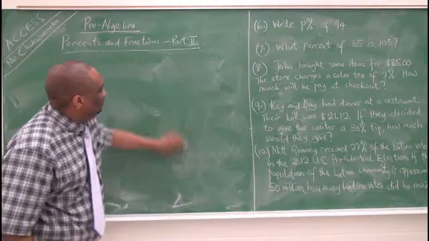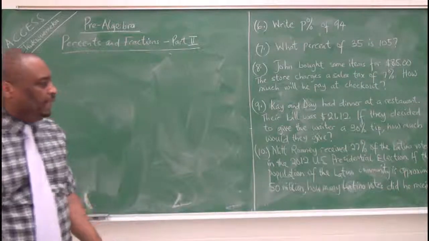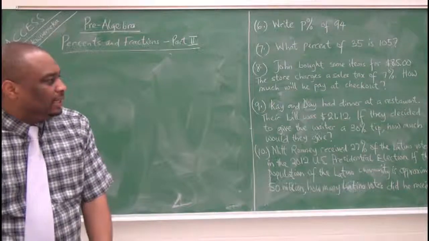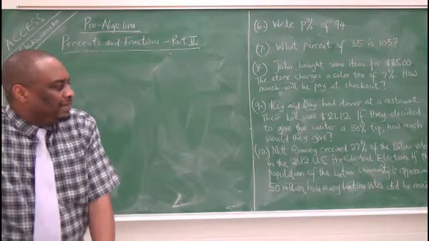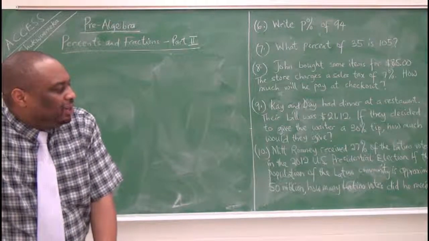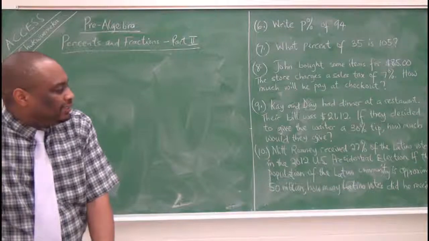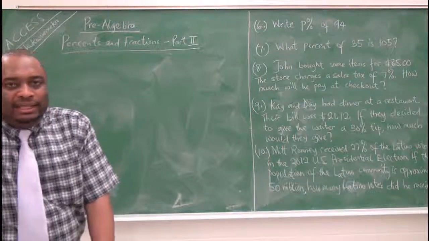The last one, Mitt Romney received 27% of the Latino votes in the 2012 US presidential election. If the population of the Latino community is approximately 50 million, how many Latino votes did he receive?